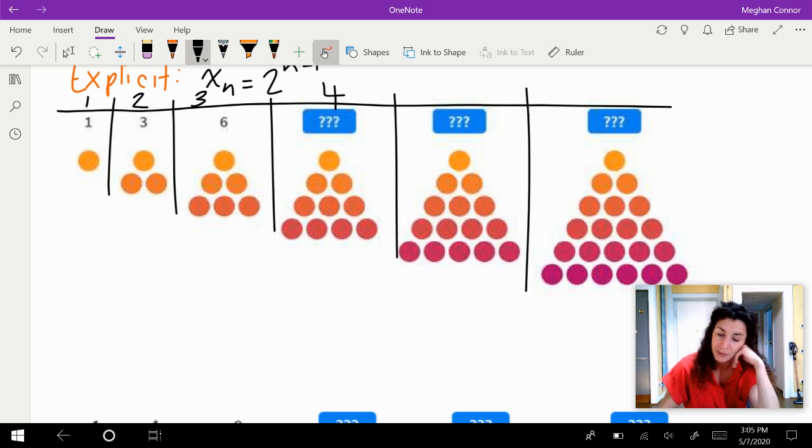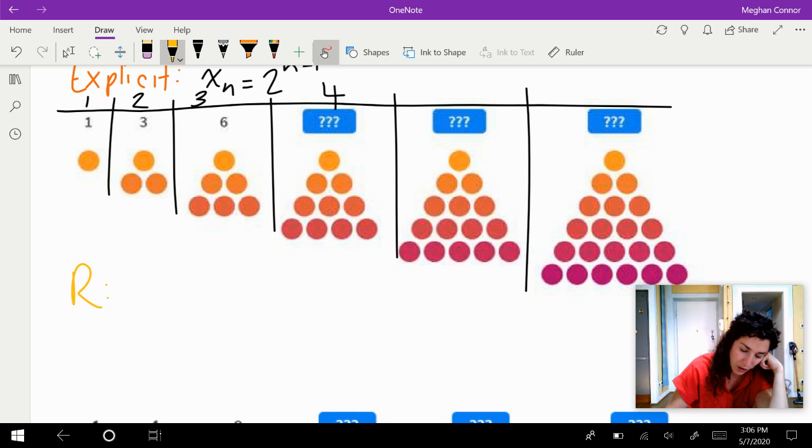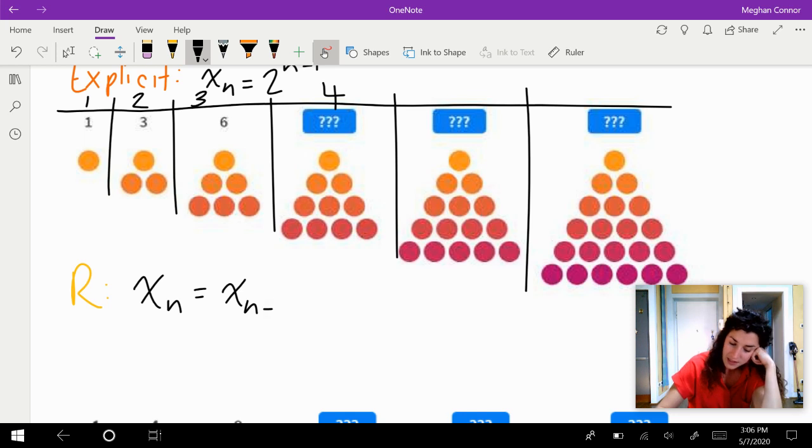So the recursive formula here, R for recursive, is that you take the previous term and you add in what term number it is, right? So in our fifth term, we're adding in 5.